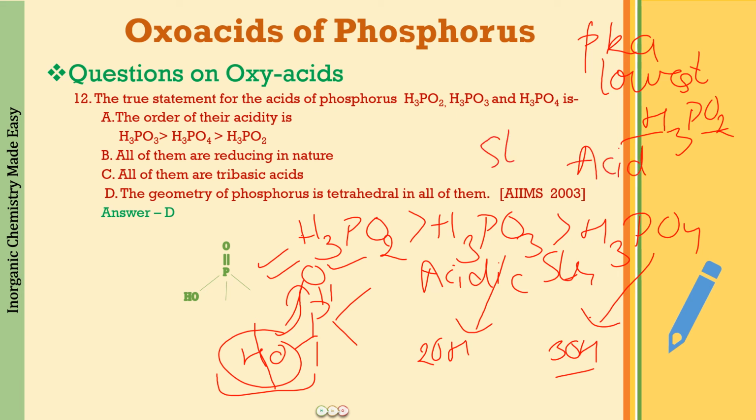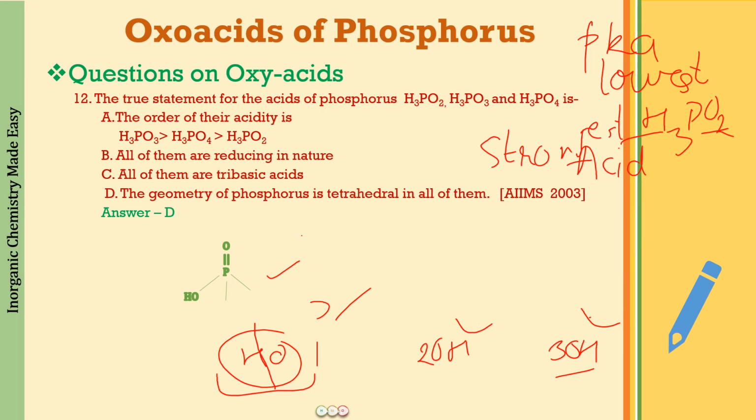Lower is the pKa value, stronger is going to be the acid. So this is how we find it experimentally, and the presence of this P double bond O explains the acidic strength of H3PO2 being higher than H3PO3 and H3PO4.